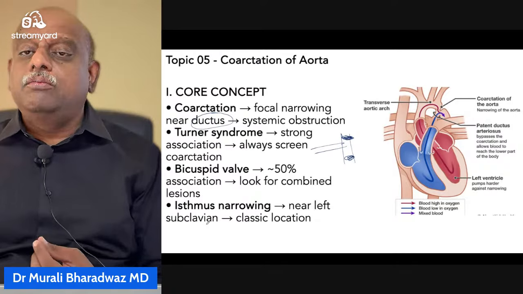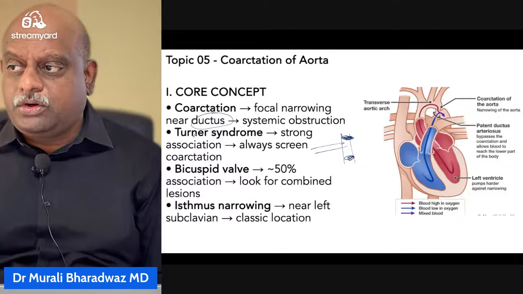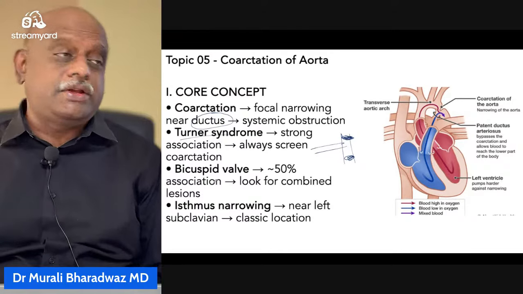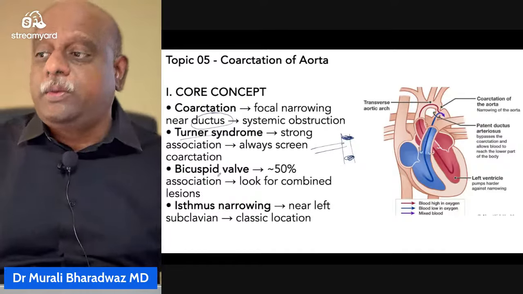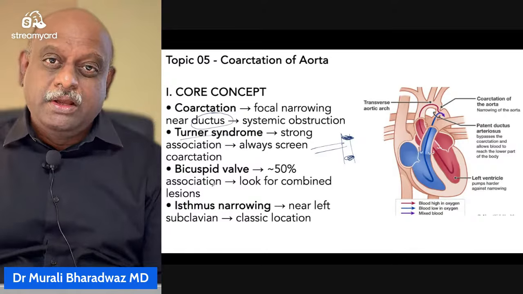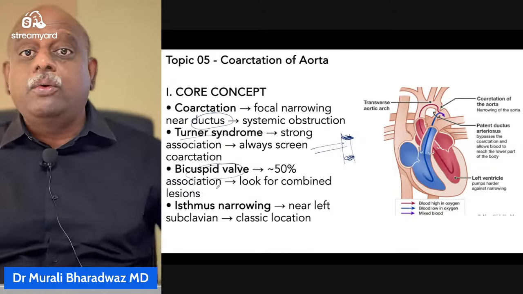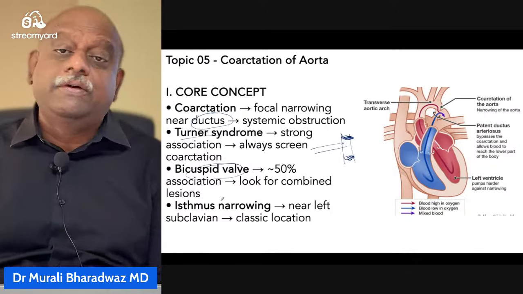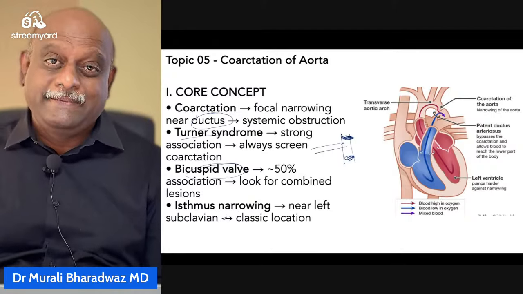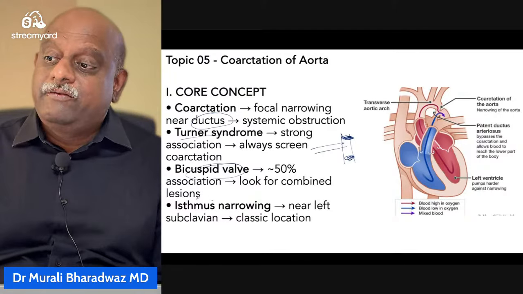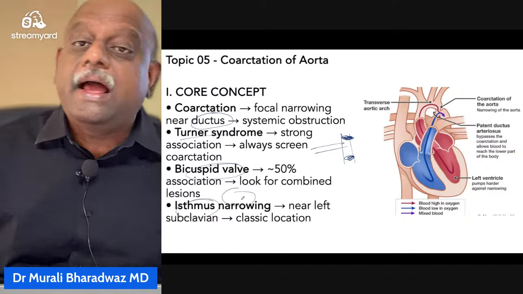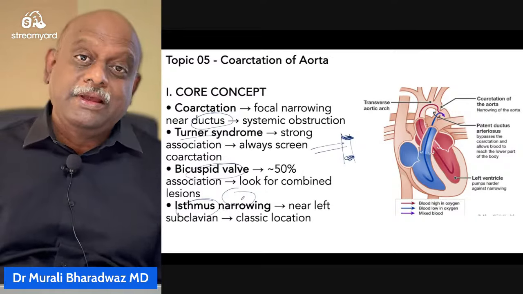What is the syndrome most commonly associated with coarctation, doctor? Turner's. That's the reason any coarctation needs to be evaluated for Turner's. Bicuspid aortic valve is found in 50% of cases of coarctation of aorta. And where does the narrowing typically happen?